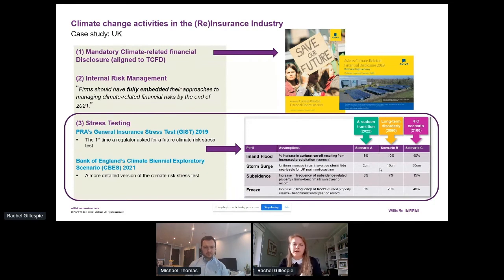And then finally for freeze, an increase in the claims as well. And from that, I'm going to talk about flood a little bit later on, but also talk to you about what kind of spatial data we would use when building those solutions to answer those stress tests.